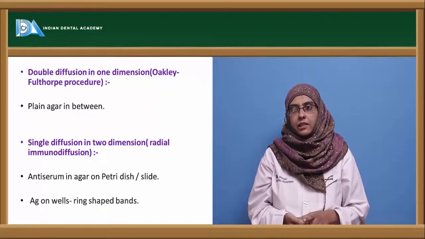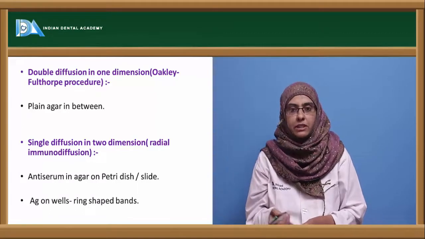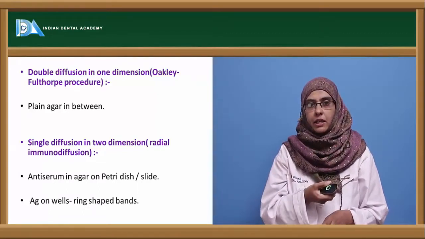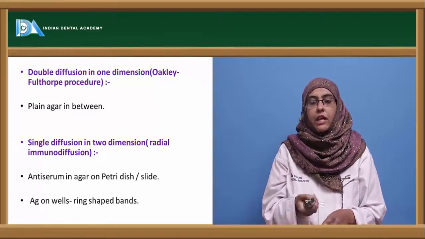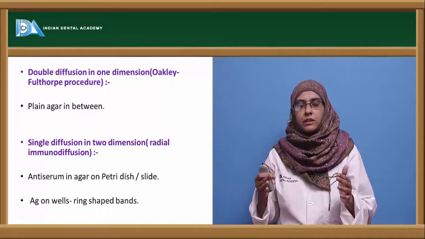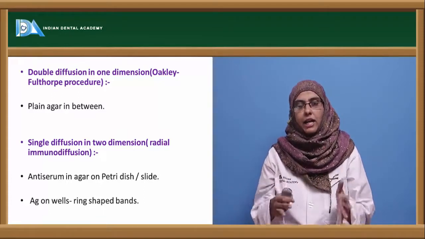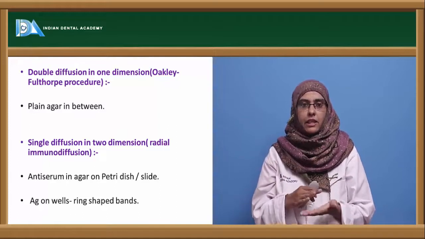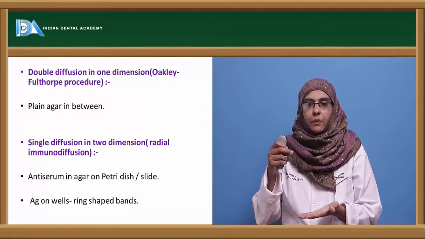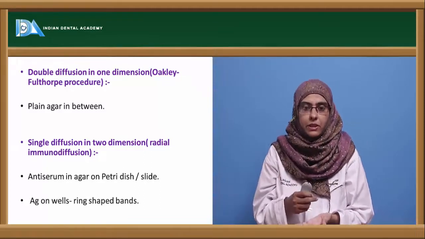Next is single diffusion in two dimensions, also called radial immunodiffusion. Radial means they form a circle or halo around the well. So here we have a slide on which we pour the agar having the antibody and let it dry, and after that we make wells in the slide, and into the wells we add the antigen or the test serum that has to be tested.